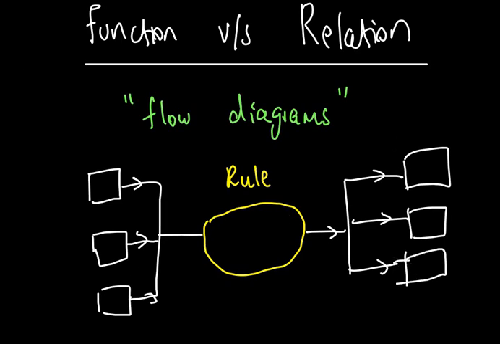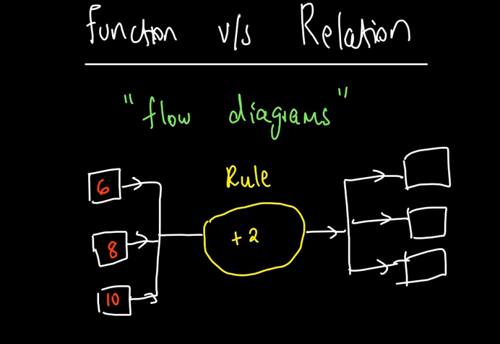Let's say here we had a 6, 8, and then a 10, and our rule says add 2. You can even say multiply, but let's add 2.